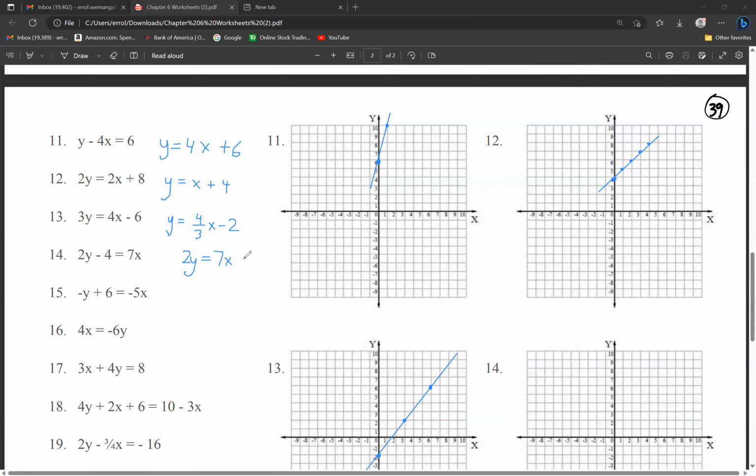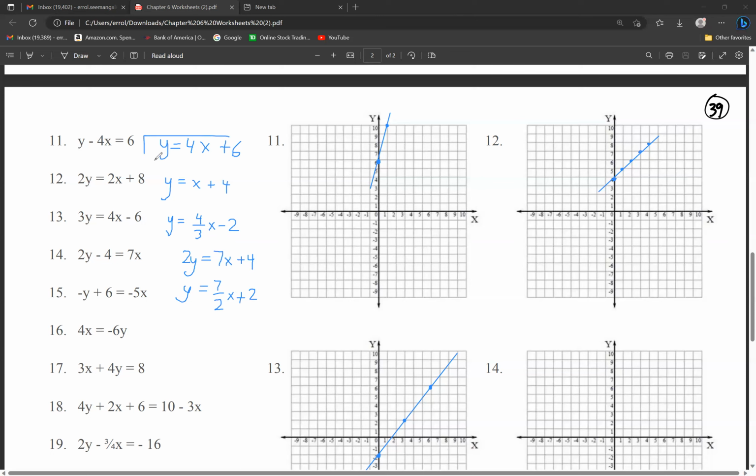Plus 4. Now what? Divide by 2. 7/2 x plus what? 4 divided by 2? 2, yeah.